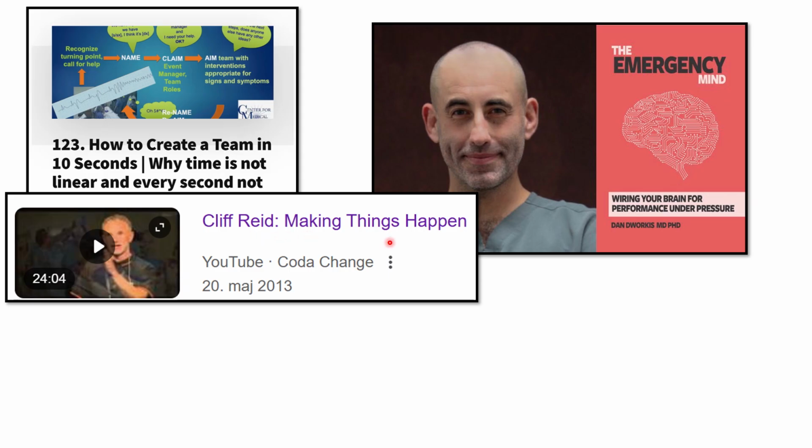Cliff Reid's Making Things Happen is another legendary SMACC lecture where he talks about, amongst other things, how to persuade your colleagues, like consultants, to take patients or to do things. And I'm not sure I buy into the persuasion part, but there's a lot of other things that are really good in this.